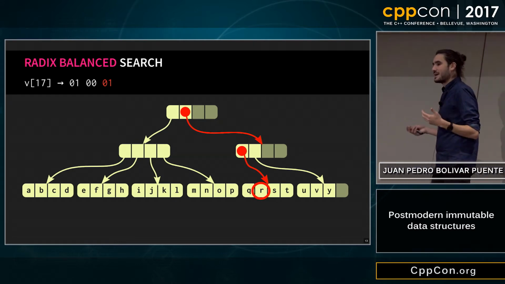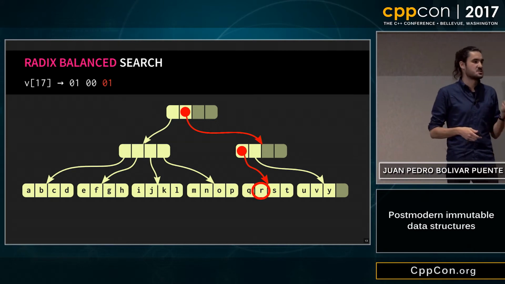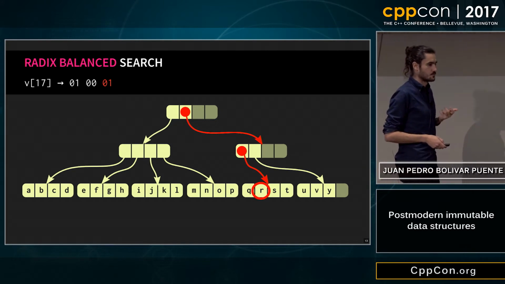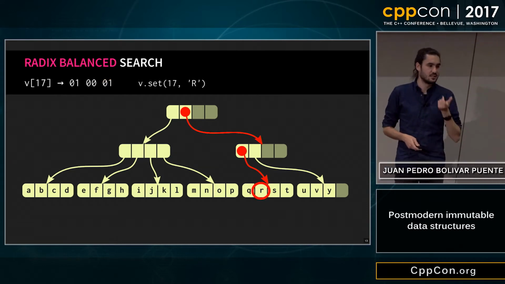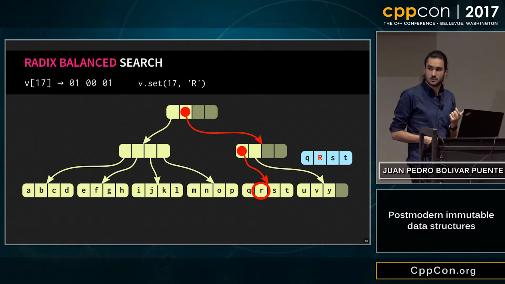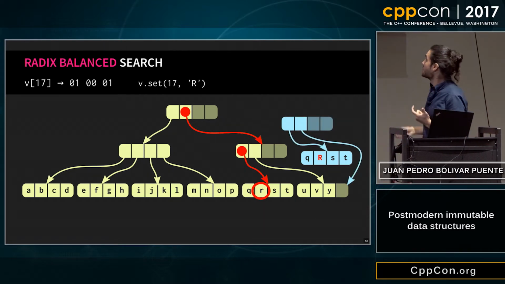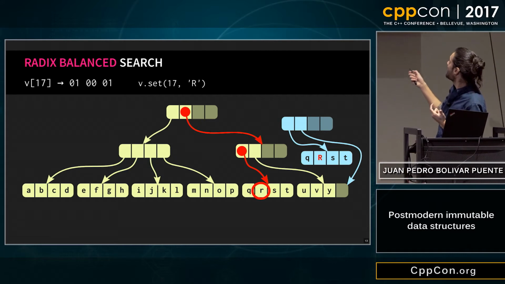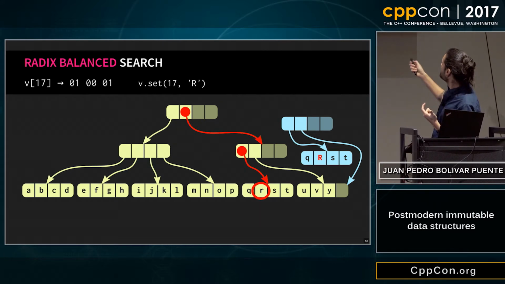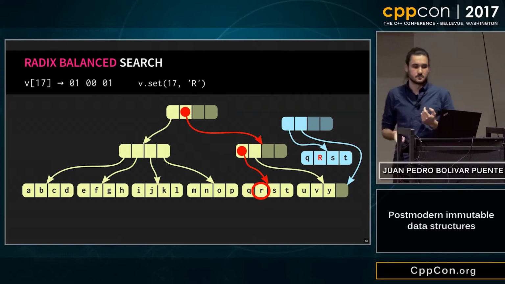Now let's say we want to make a version of the vector. We want to update the vector and change this element to a new value. Well, we will first need to copy this block where the element is located. Then we will need to copy the parent. We copy the parent here. And of course, it still has links to some of the other nodes in the data structure, but also to our updated node.